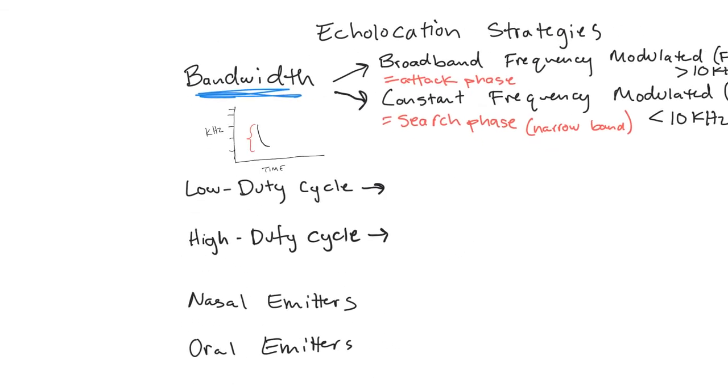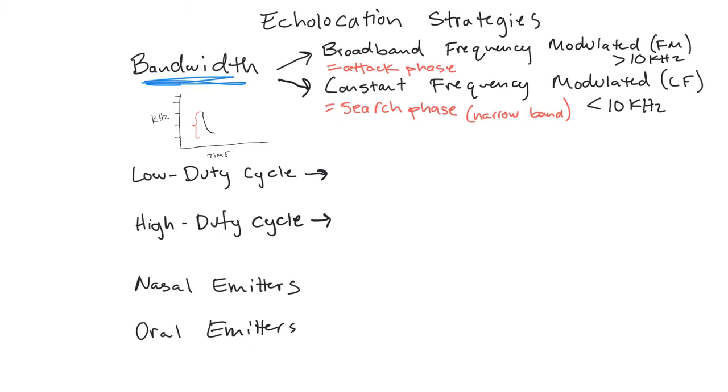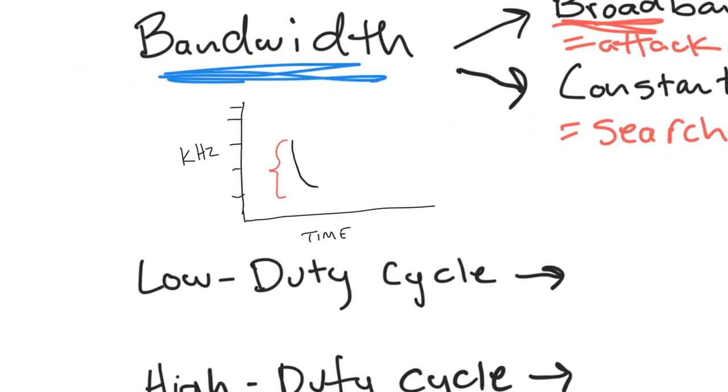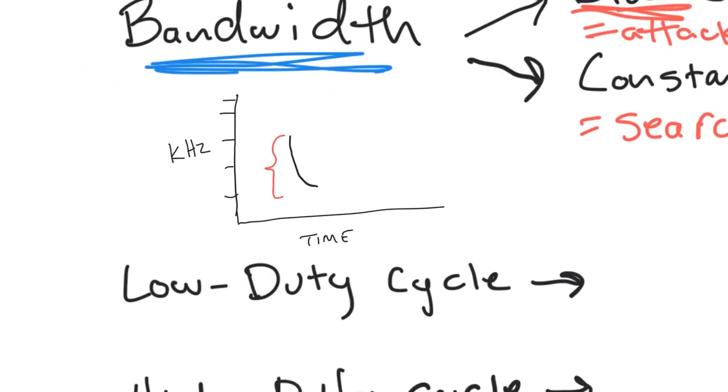This would be then our broadband frequency modulated call. Okay, it's using a broad spectrum of bandwidth, a broad spectrum of kilohertz or frequencies. What's that? Like FM. Yes, frequency modulated. Not like AM radio.